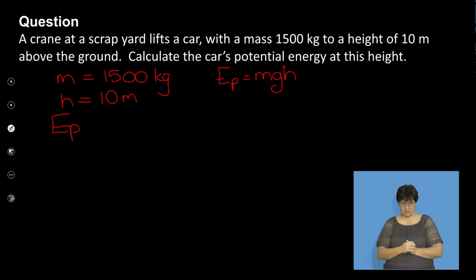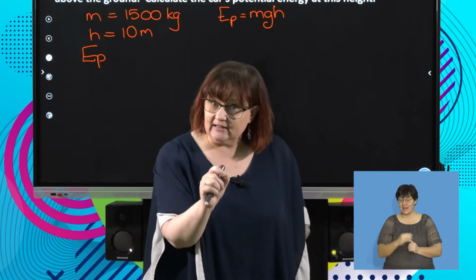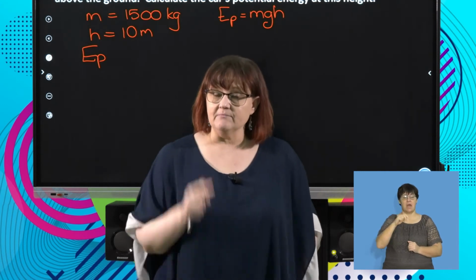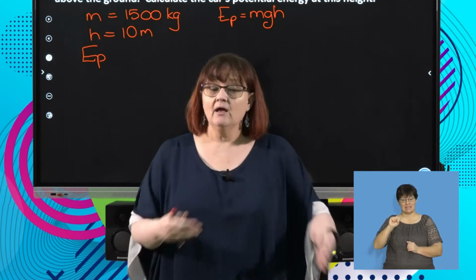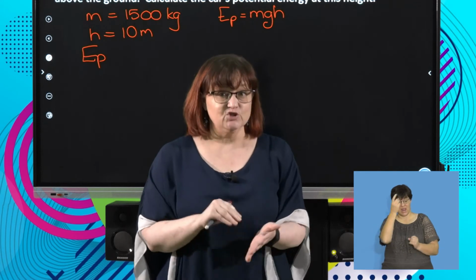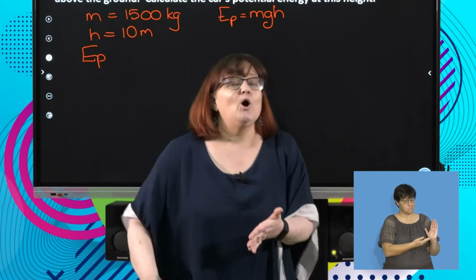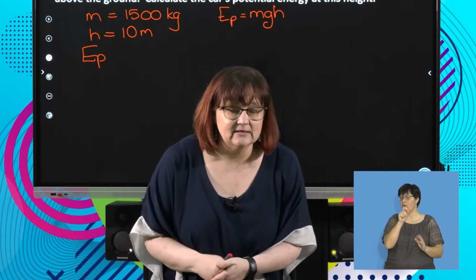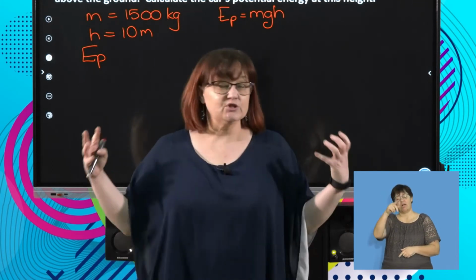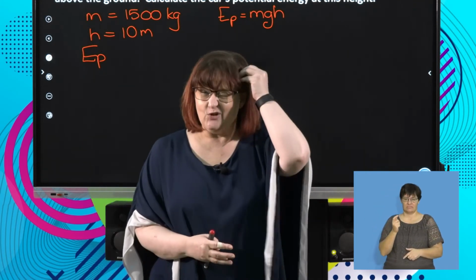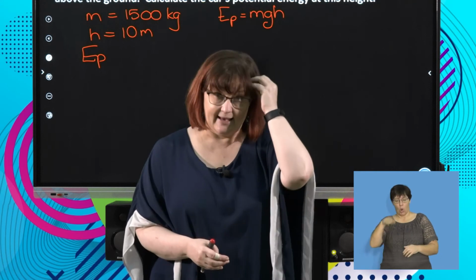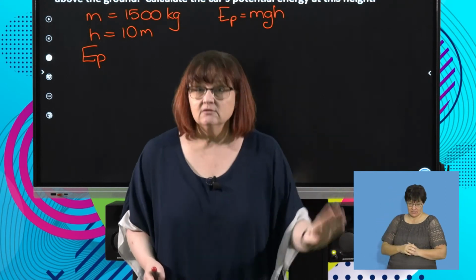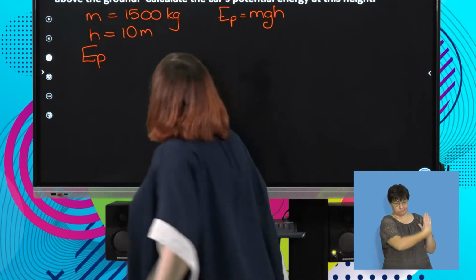Now here you need to remember, because they're not going to tell you that g is 9,8 meters per second squared. It is on your information sheet, but I'm hoping by the time you write tests and exams on this, you've worked with it so much that it's a value that's ingrained in your head. But if it's not, look it up, okay?